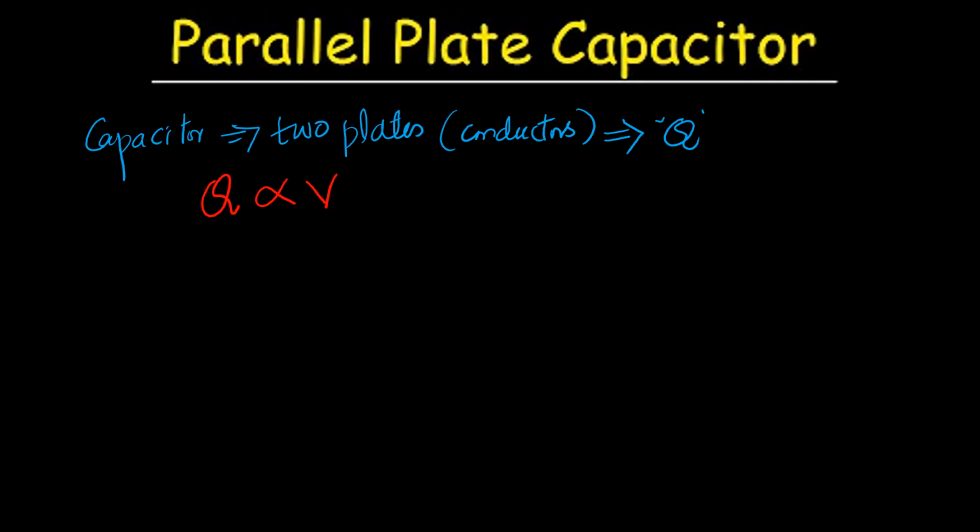So we can write this equation as Q is equal to constant into V, where V is the potential difference. The constant is represented by C, which is known as the capacitance of a capacitor.